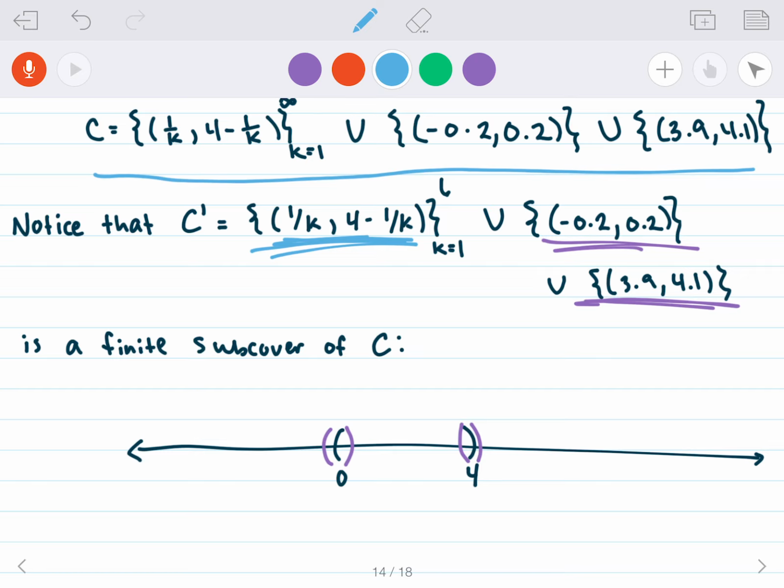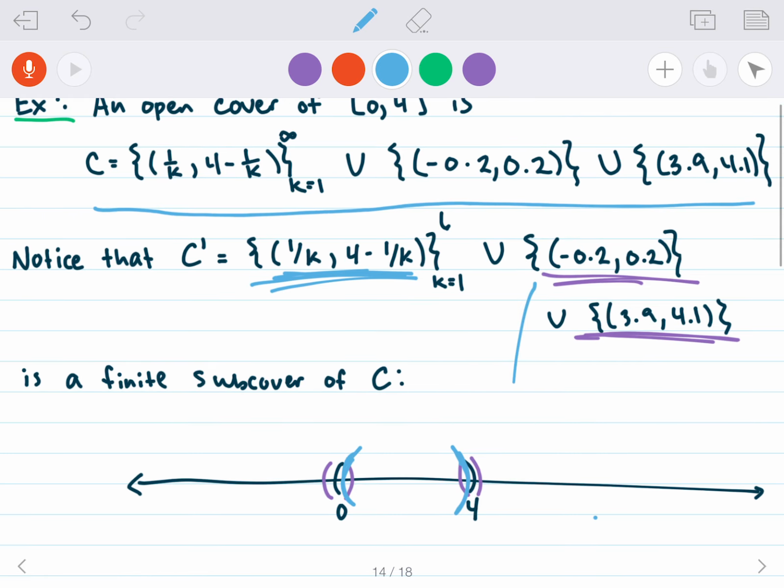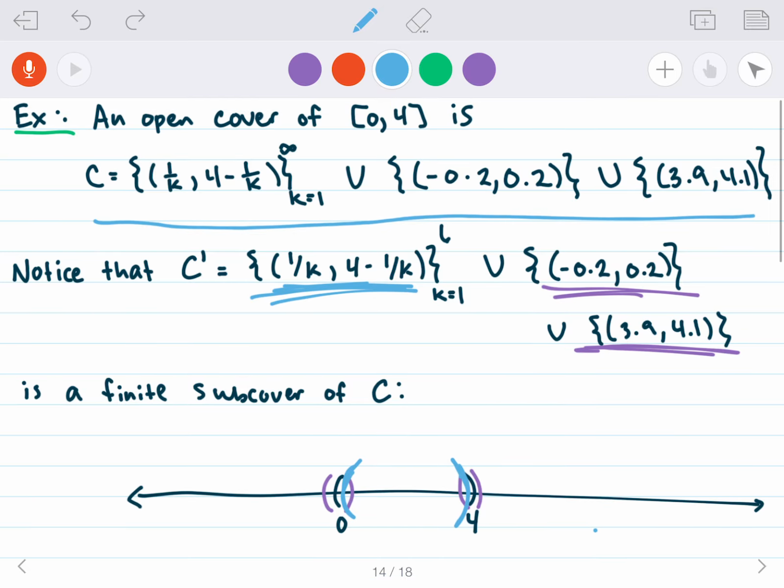We're going to have some sets that overlap here, and it's going to cover the rest. Rough picture, but the point is, if you have a closed, or more specifically, closed and bounded set in the real numbers, you can always find a finite subcover.